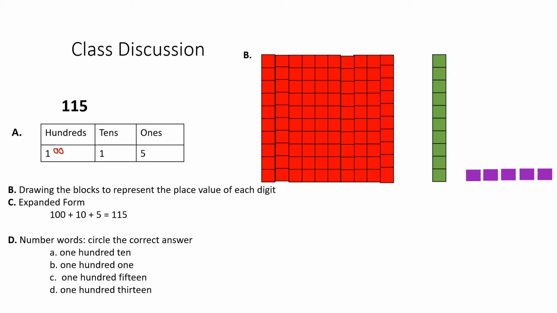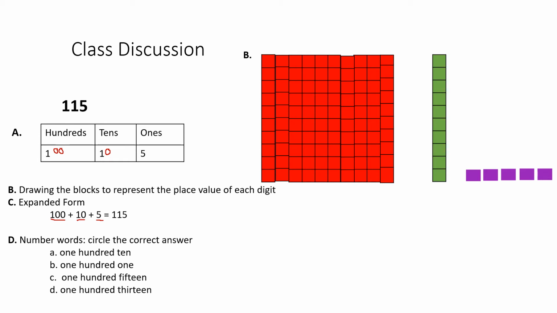And right there you have 100. You see? And then in the tens, all you have to do is add 1 zero and you have 10 right here. And in the 5, you don't do anything. In the ones, you don't do anything. Any digit that's in the ones stays exactly the same. There you go. And if you add these numbers together, 100 plus 10 plus 5 equals 115.